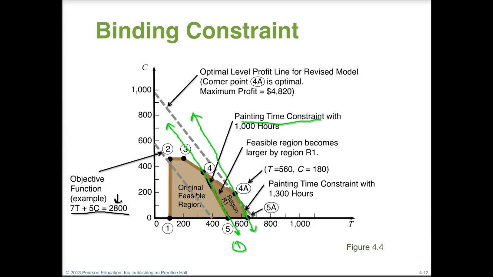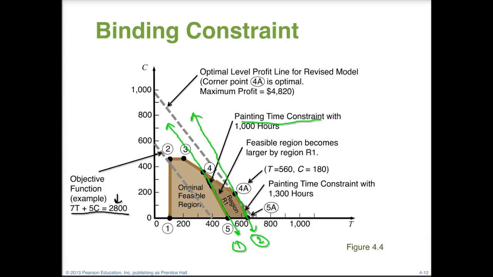So this is what it was in the beginning, and this is what it is when it finishes. Because the right-hand side changed from 1,000 to 1,300, our feasibility region has been expanded. The binding constraint on the right side has expanded the feasibility region, and because of that, we've also changed the solution.